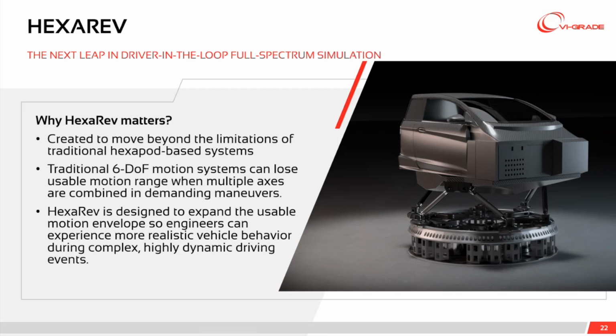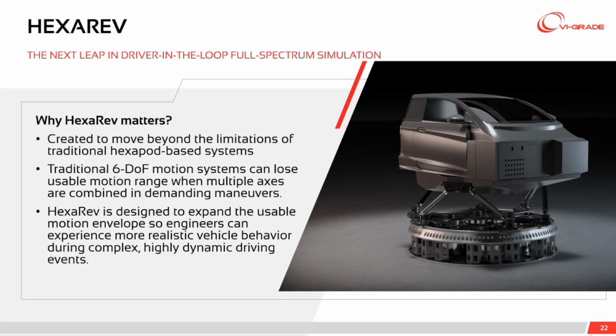So what about the HexaRev? HexaRev is the VI-grade most advanced 6 degrees of freedom motion platform, and its main characteristic is its particular kinematic. In general, for simulators, the main limitation is that each degree of freedom affects the other. What does it mean?